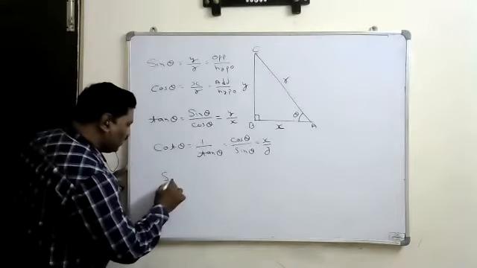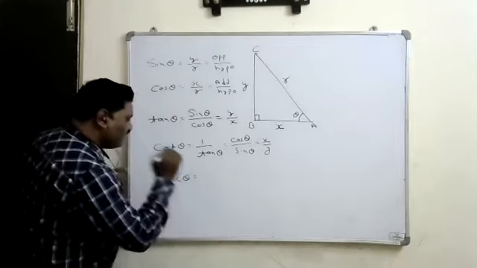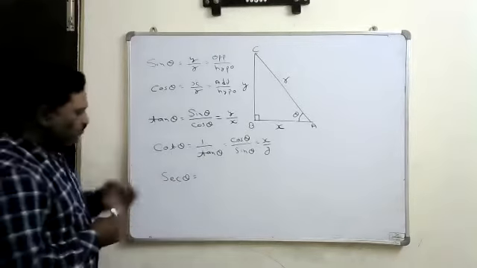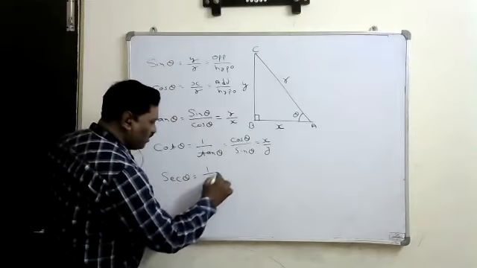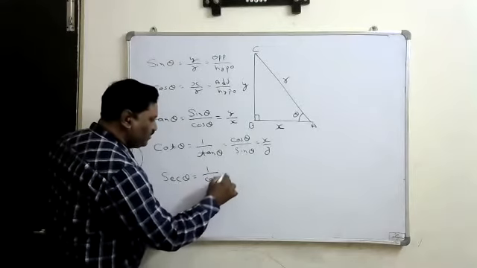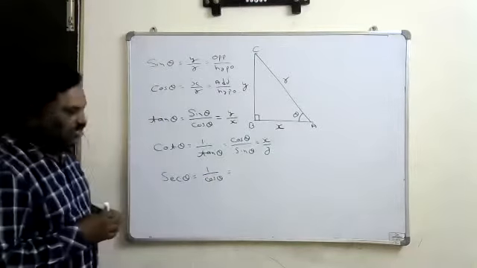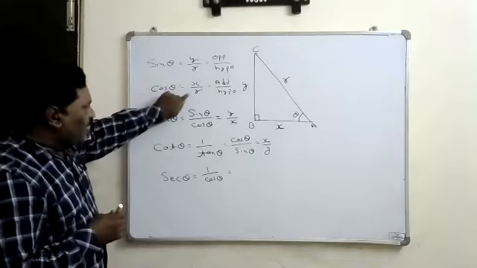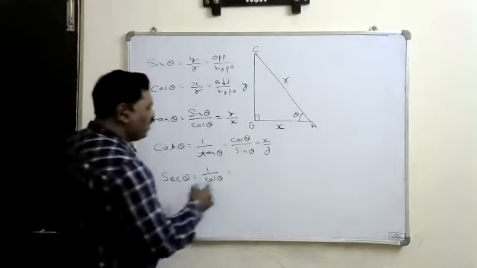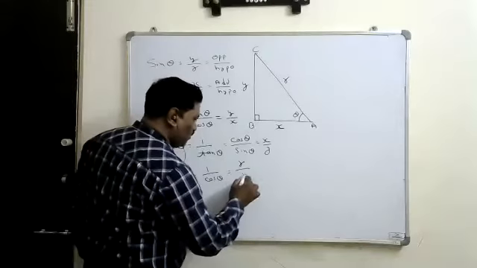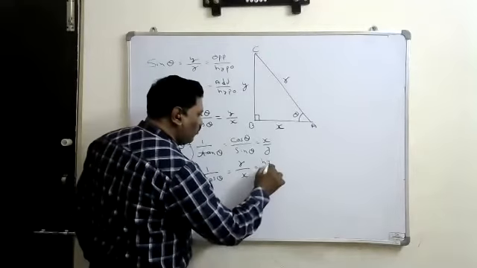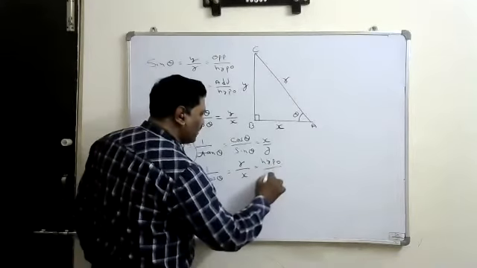Then secant theta is defined as the reciprocal of cos, that is 1 by cos theta. Where cos theta is x by r, 1 by cos is r by x, where r represents the hypotenuse upon the adjacent side.